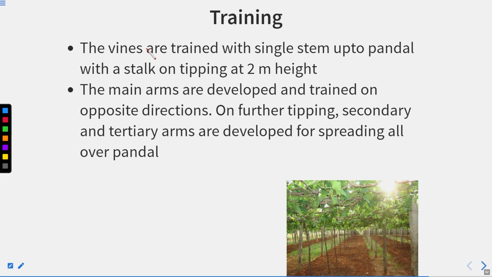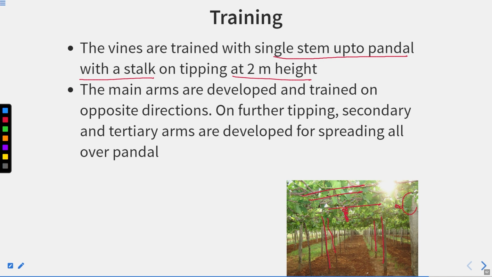Now the vines are trained with a single stem up to a pandal, with the stalk tipped at 2 meter high. Here you can see these are the pandals. The plant has reached over and you have a shade over, and here you can have the grapes like this.